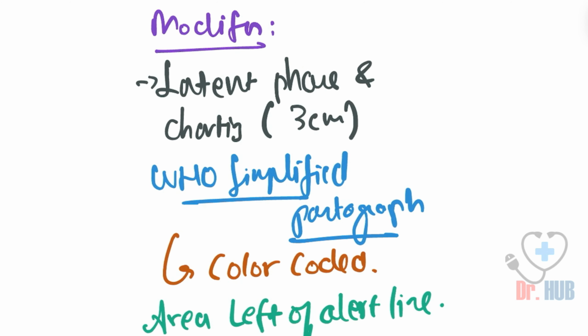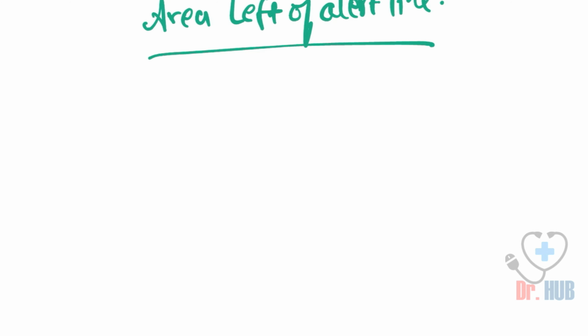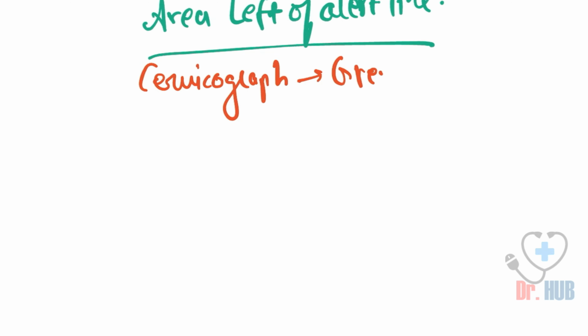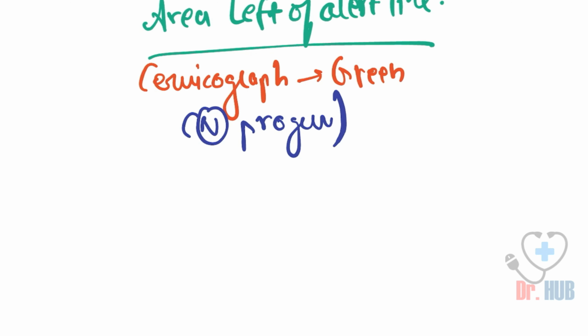This is in the cervicograph. This area is colored green and represents the normal progress. Then there is the area to the right of the action line.